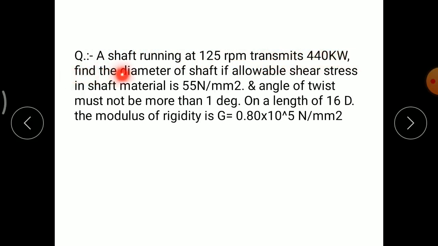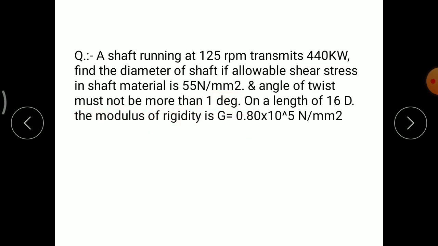Find the diameter of the shaft if the allowable shear stress in the shaft material is 55 Newton per mm square, that is in MPa, and the angle of twist must not be more than 1 degree on a length of 16d, that is length is 16 times the diameter, over which the angle of twisting is 1 degree. The modulus of rigidity, that is G, is equal to 0.80 into 10 raised to 5 Newton per mm square.